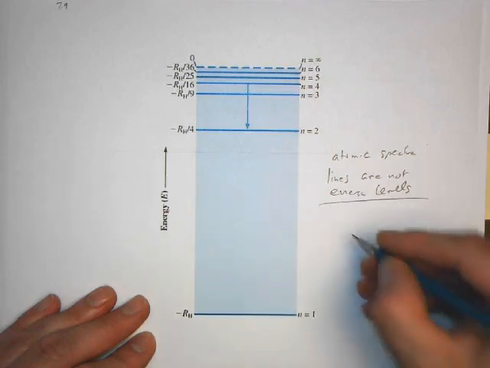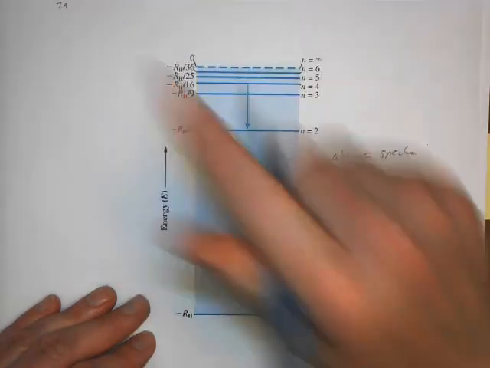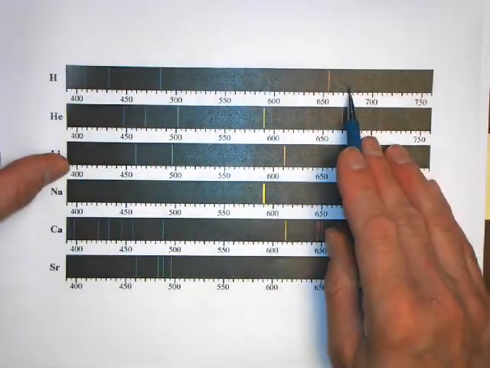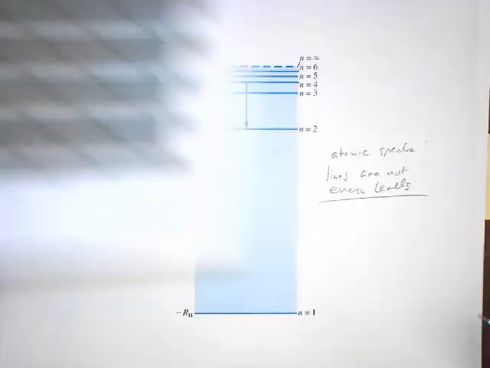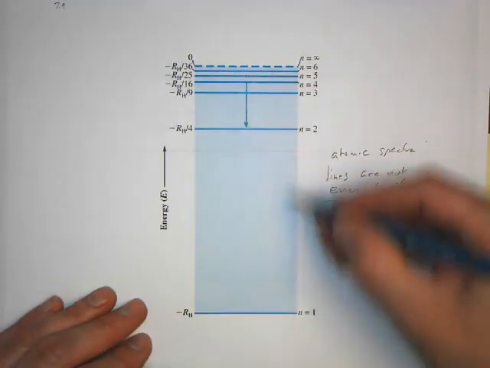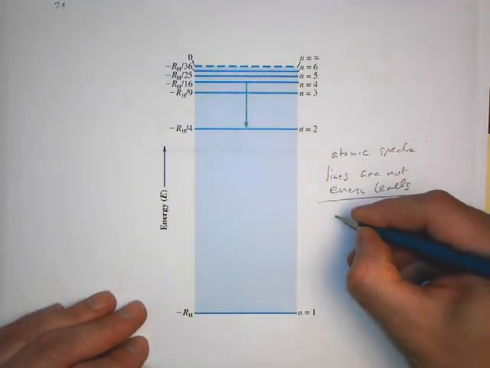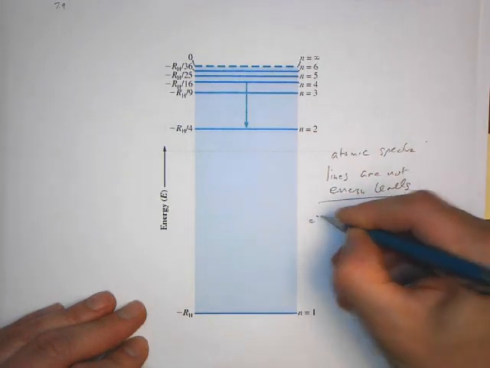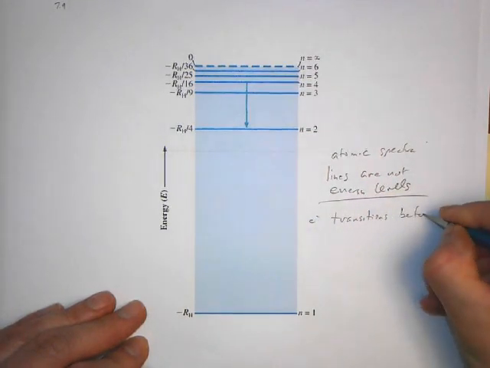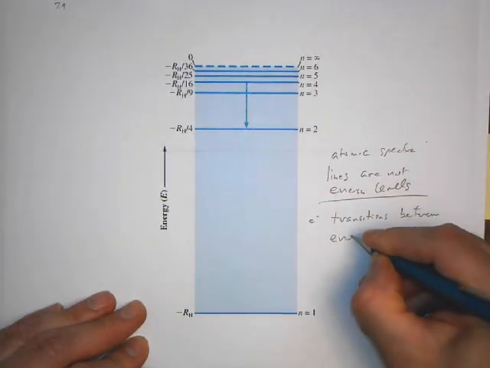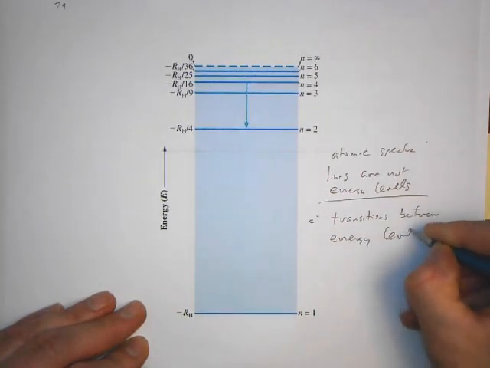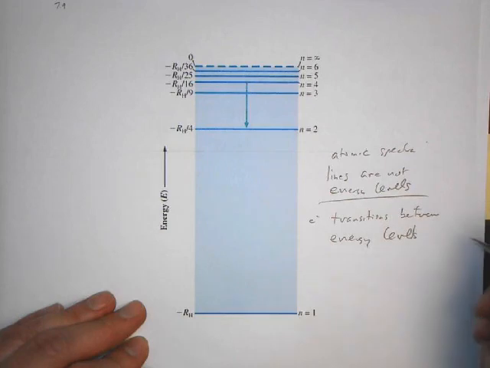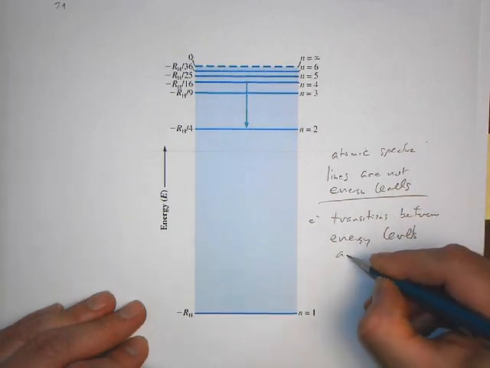All right, this is very important. What's being shown by these lines of energy are the transitions between the energy levels. So an electron's transitions between energy levels are shown by the lines.